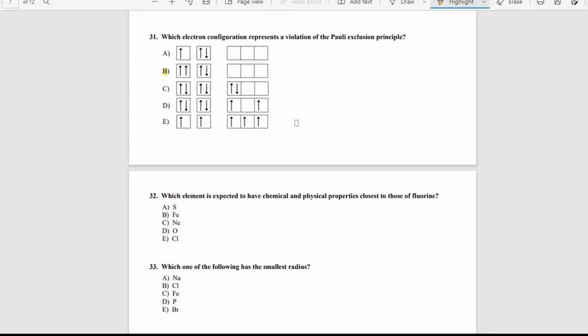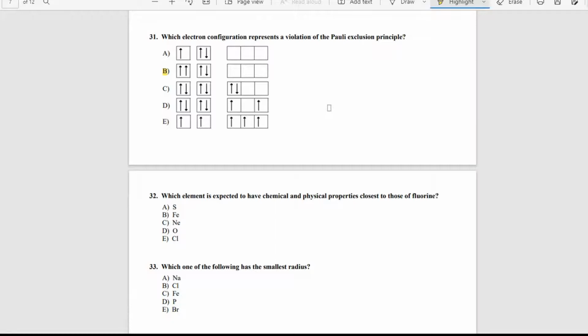Now, just out of curiosity, what principle does A violate? The Aufbau principle. And what rule does C violate? Hund's rule.